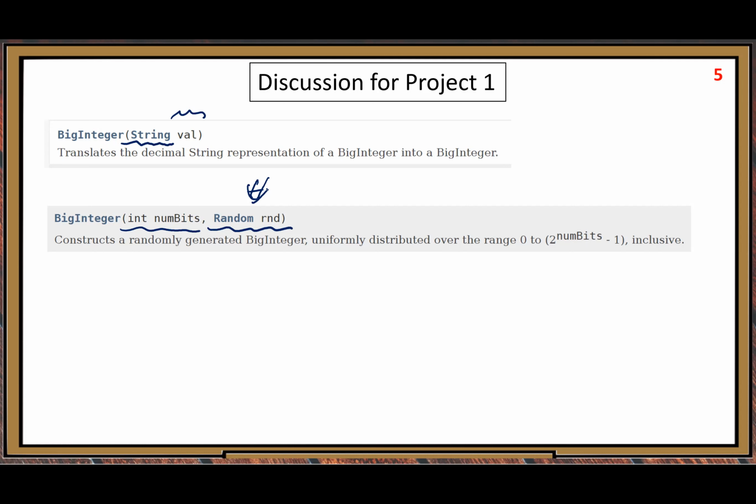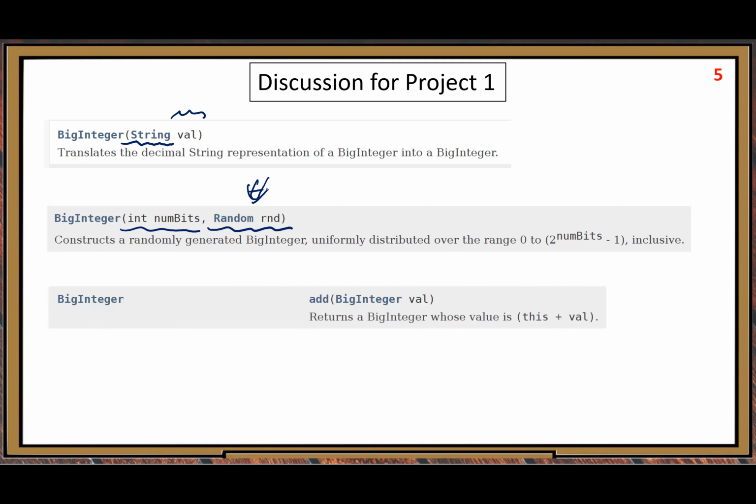You just find some simple examples on the web using this constructor to generate random big integers. Pretty straightforward. After that, you get all your data: coefficients, X value. You get all you need.